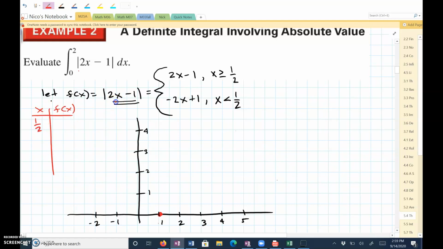And when I plug 1/2 into this, I'm going to get 0. So 1/2, 0. When I plug 1 into this function, I'm going to get 2 minus 1, which is 1. When I plug 2 into this function, I'm going to get 4 minus 1, which is 3.